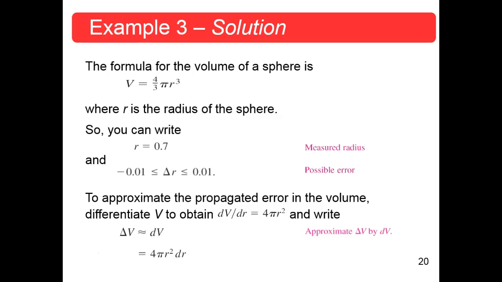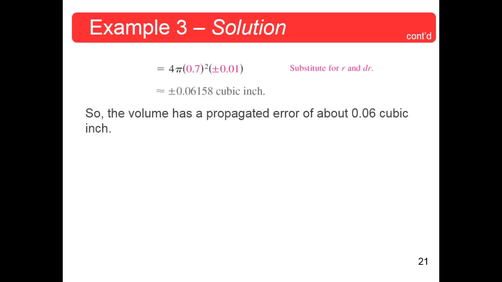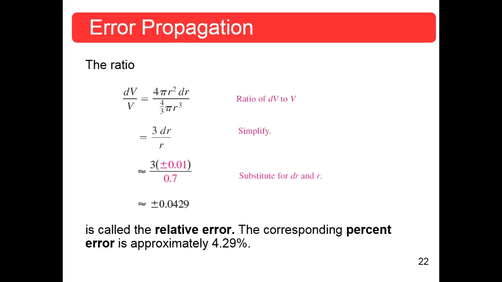But you can always do that, okay? That's how you get your dV. And then just plug in 4 pi times 0.7 squared, times plus or minus 0.01, which is sort of hard to do, but just bring the plus or minus out front, 0.06158, which is what y'all got, right? So the propagated error in the volume is about 0.06 cubic inches, okay?